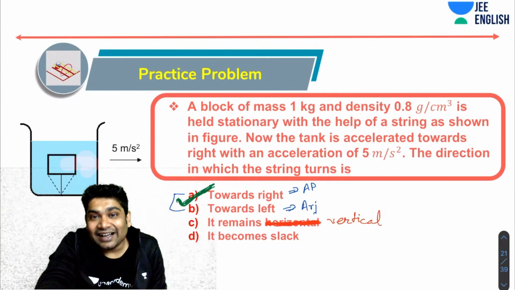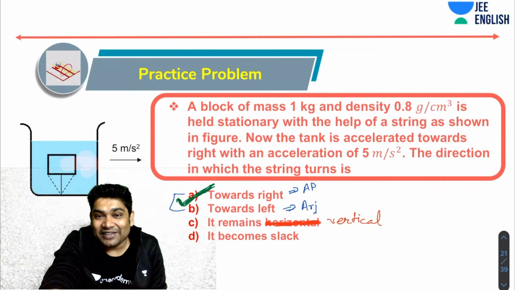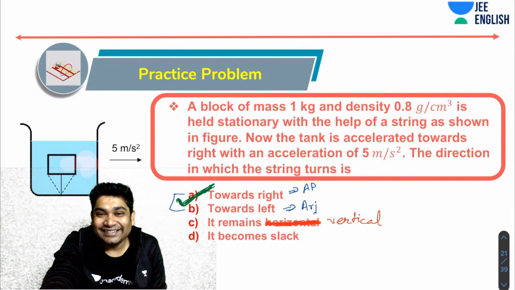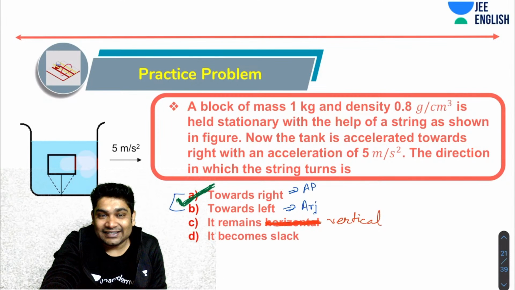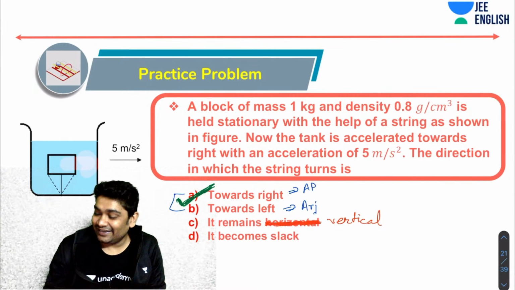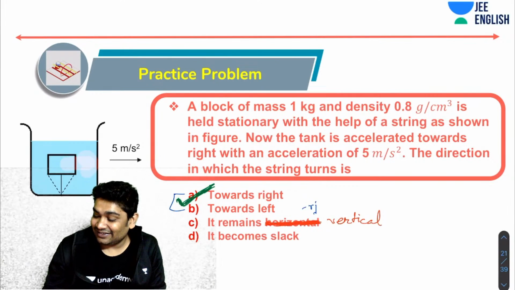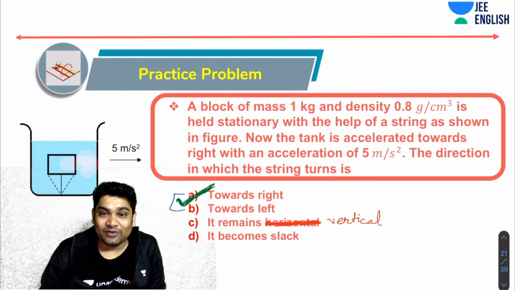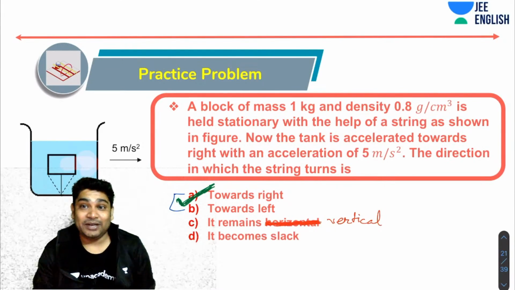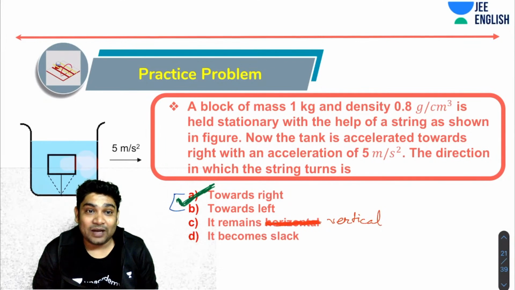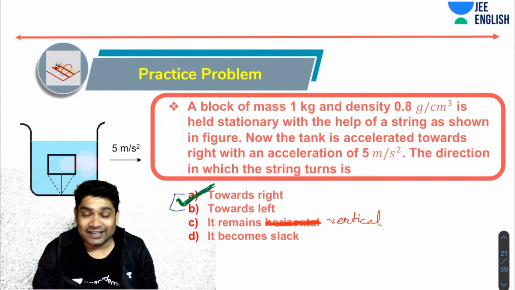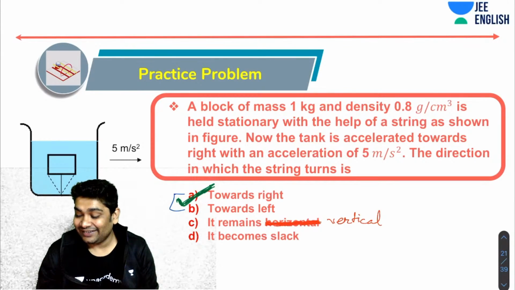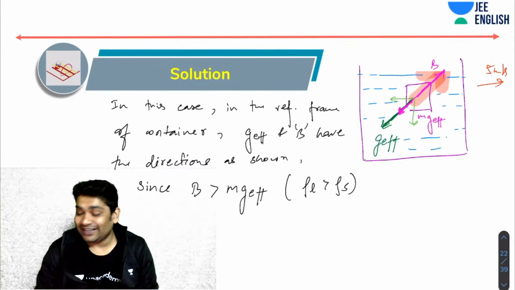Okay, so I think Tanya and AP were the only ones who gave A as the answer. Rest everybody was saying B. So A is the correct answer. I hope you followed the logic, and everybody who was saying B, I hope now you realize that the correct answer is in fact A. This should make it clear.